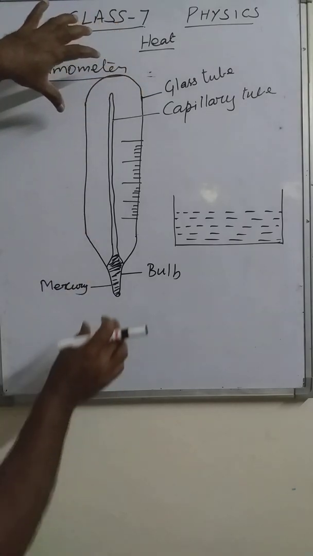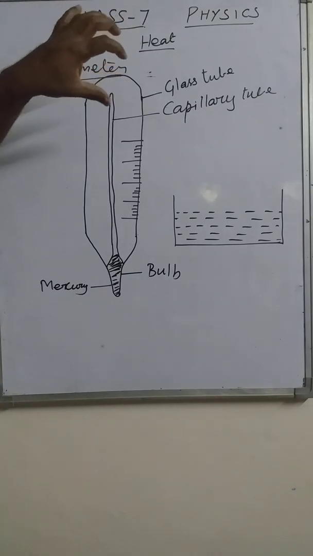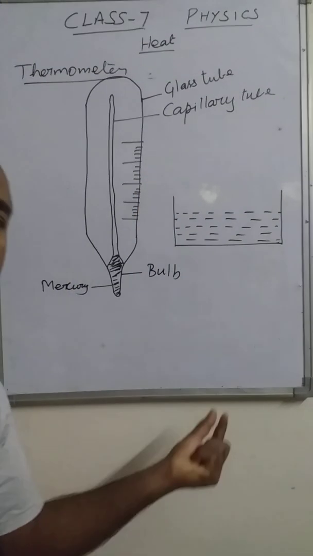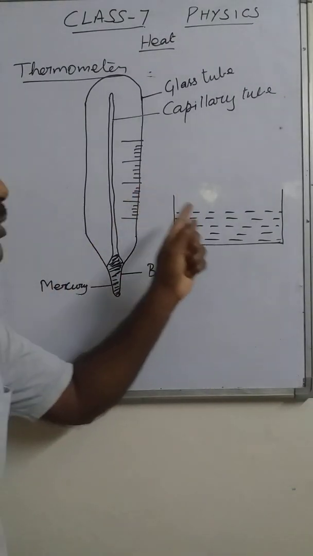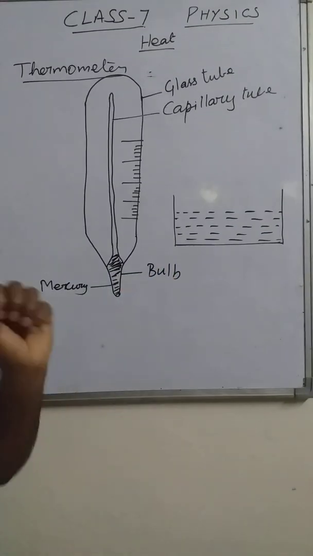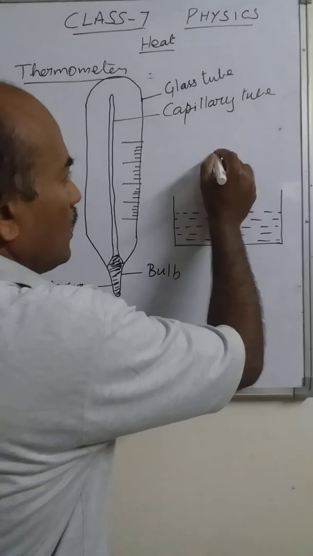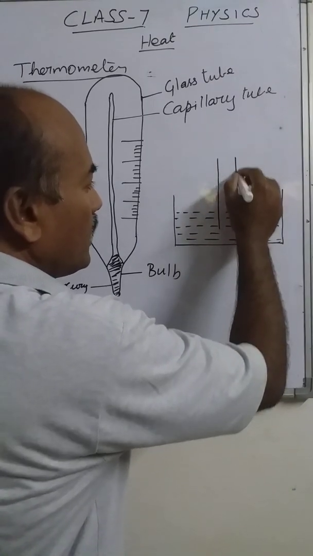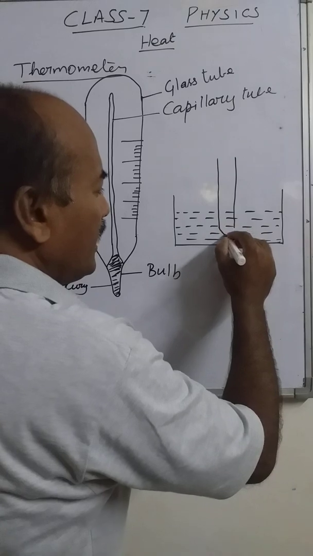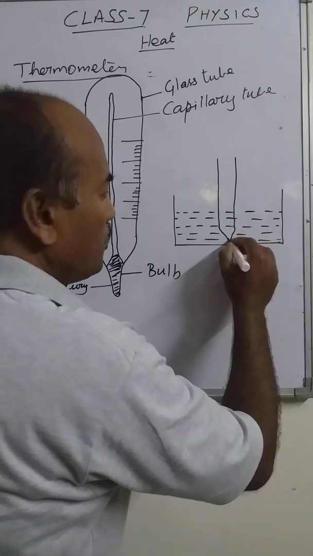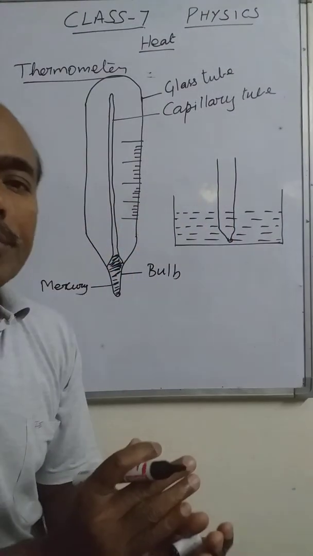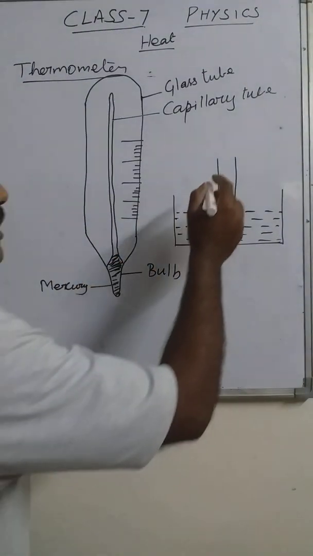We should not hold it from the bulb. It is held from the top of the thermometer, and the bulb is to be immersed into the object whose temperature is to be measured. So, the thermometer is immersed into the water in such a way. The bulb should be completely immersed into water. It should be completely surrounded by the object whose temperature is to be measured.